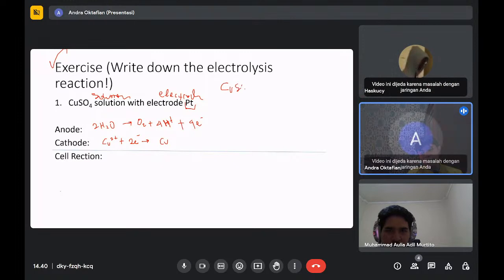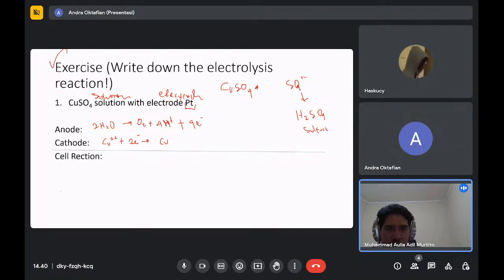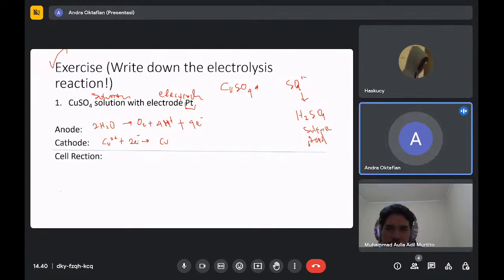But from CuSO4, you see that SO4 is almost always SO4 2 minus, because I always remember SO4 comes from H2SO4, or sulfuric acid. No matter what the positive ion is, maybe 5 plus or 10 plus or 1 plus, at the end of the day the chemical reaction makes it without any charge, like in this case Cu2+ will be just Cu.